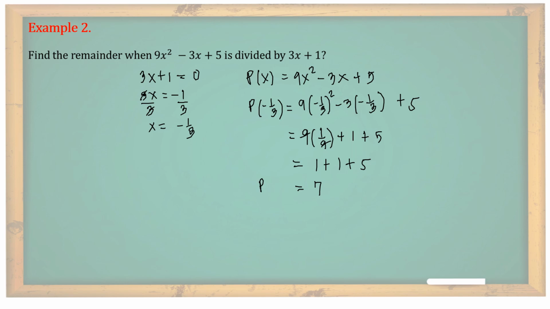So yung ating p of negative 1/3, okay, so the remainder when 9x squared minus 3x plus 5 is divided by 3x plus 1 is 7. Ito yung ating remainder. So the remainder is 7. I hope na-gets niyo yung ating example number 2.